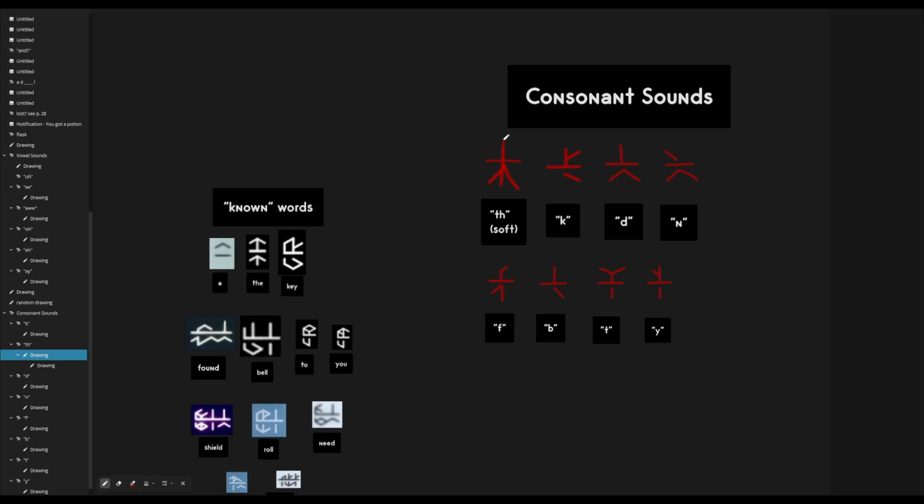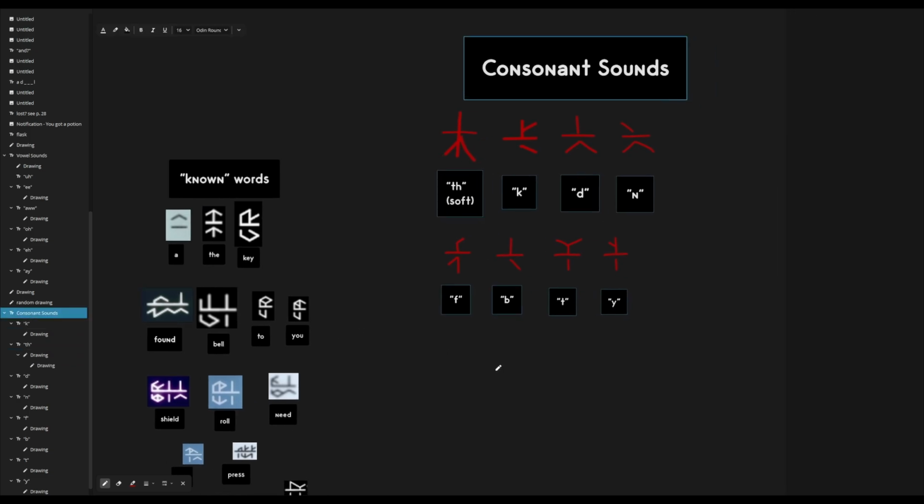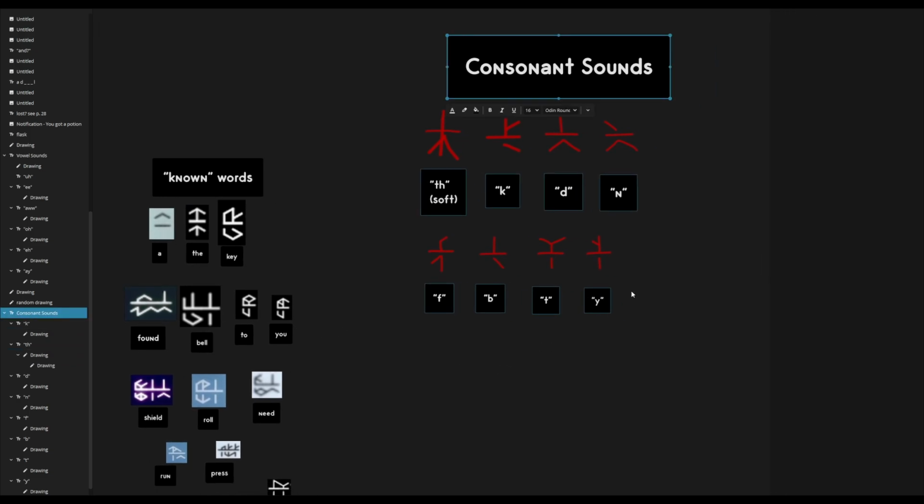I mean, tell me that doesn't look like a Chinese character. I don't know. Anyway, moving on. I would like to make a new drawing of these, and I would like to do SH. So if I have this correct, SH would be something like this.